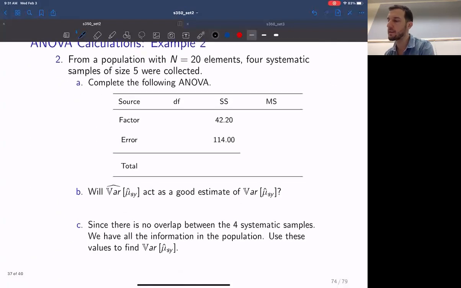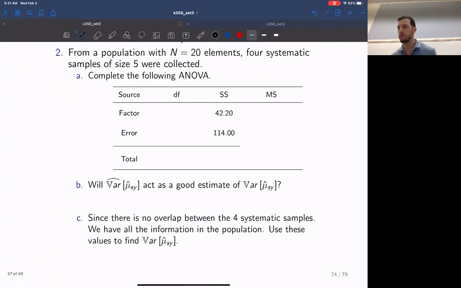Okay, let's look at an illustration of this idea. This is a simpler illustration. Again, the textbook suggests that we collect 10 repeated systematic samples from a given population, but for illustrative purposes we'll consider a smaller scaled model.